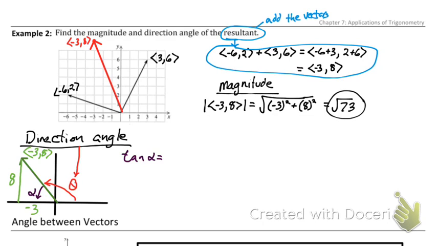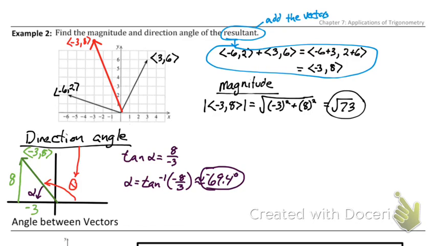So we're going to have tangent alpha equals 8 over negative 3, which means that alpha equals the arctan of negative 8 over 3, which I believe was about 69.4 degrees. Cool. But it should be negative, actually. Negative 69.4 degrees. You see that negative out front?